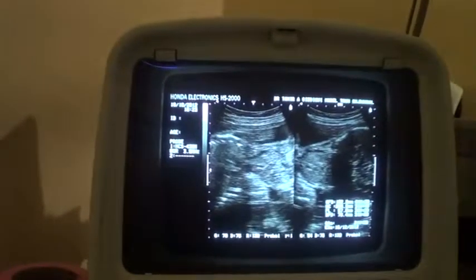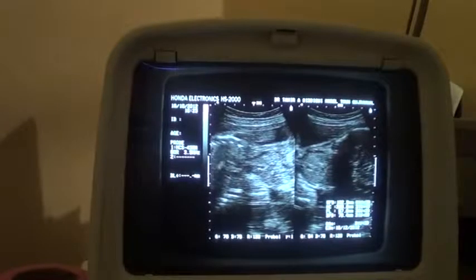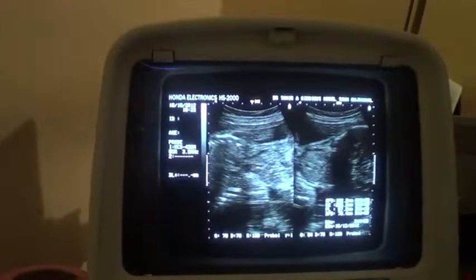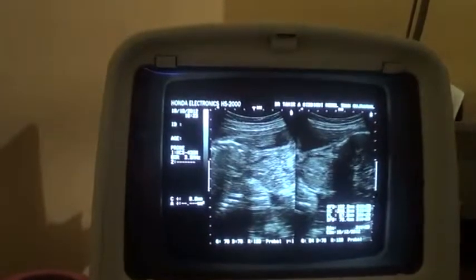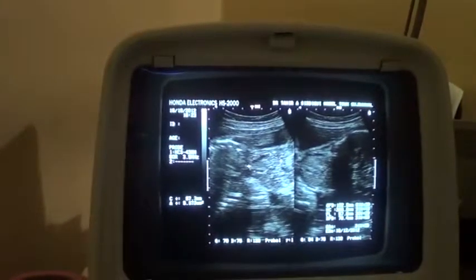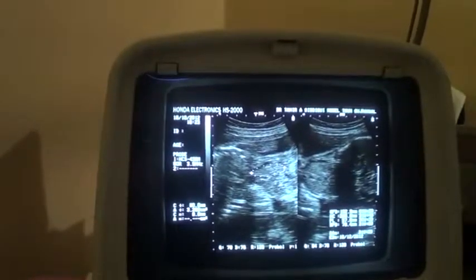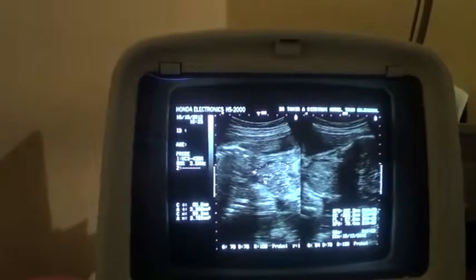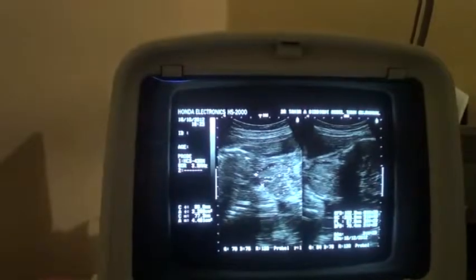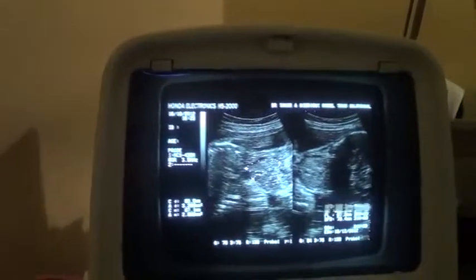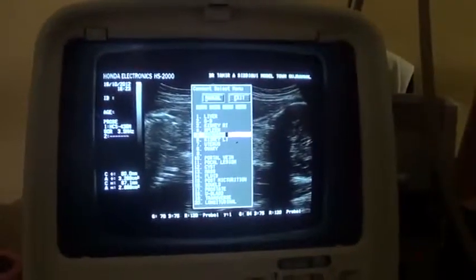So these are the vessels, and this is the lobe of the segment. This appears to be the posterior lobe of the mass, and this appears to be the anterior part. So a bilobe mass can be a thyroid mass.